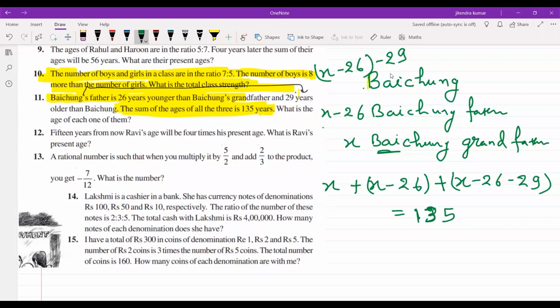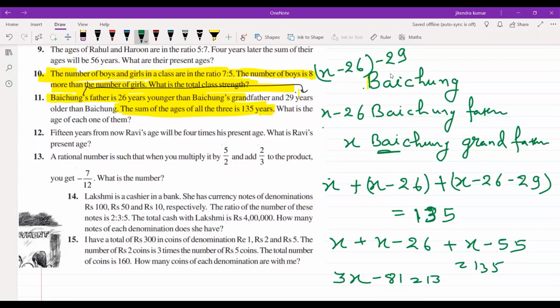So if you add all these three, we will have x plus x minus 26, and plus this 2 will get added. This will give 55. So 3x minus 55 is equal to 135. Now the 3x will be added, and this will be 3x minus 81, that is equal to 135.